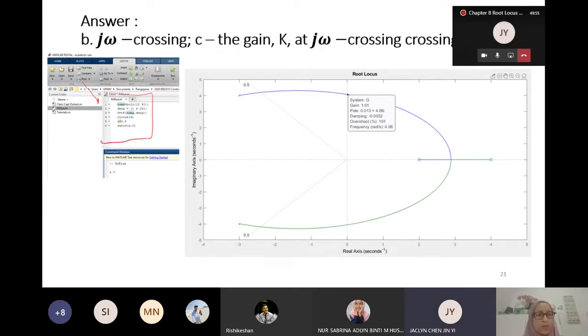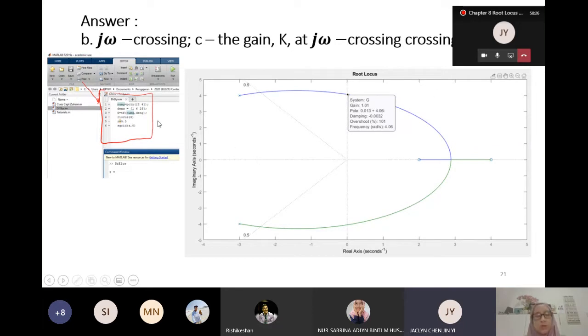The numerator numg equals poly 24, the denominator 1 6 25, and then g, which is the transfer function, numerator, denominator, and then rlocus(g), because we want to create the root locus. Then z equals 0.5, which means the damping ratio zeta equals 0.5, and then sgrid(z, 0). So we're going to have the grid here.